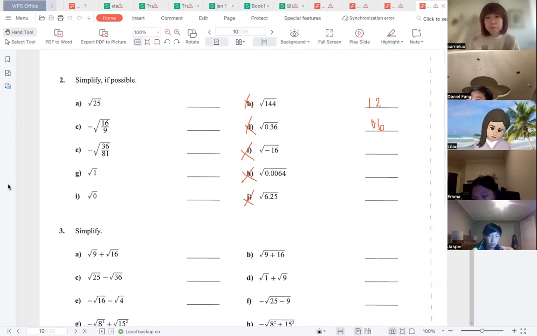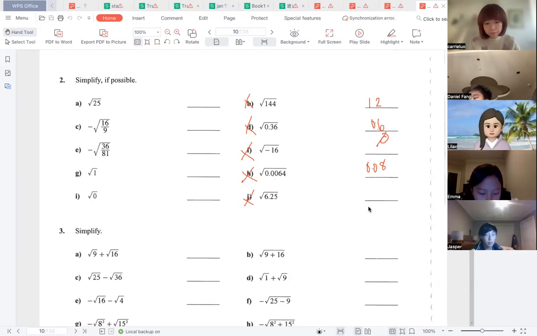None. Very good. None. Good job. Okay, so 0.0064. Emma. 0.08. Very good. Last but not least, 6.25. Daniel. Is it 2.5?